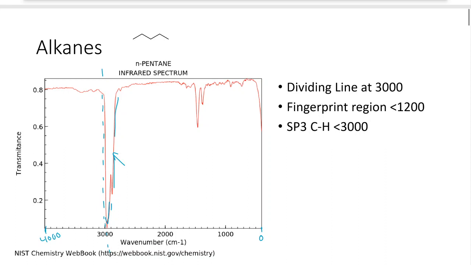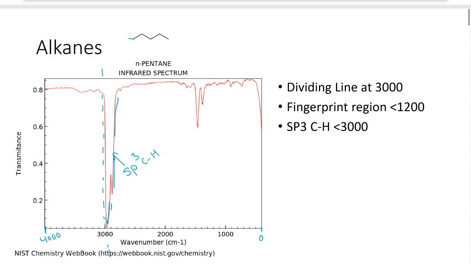And that's because this peak is caused by sp3 hybridized carbon-hydrogen stretching, and there usually are a lot of these carbon-hydrogen bonds in an organic molecule, and that leads to this being a pretty intense peak. So this peak is due to sp3 CH stretching.